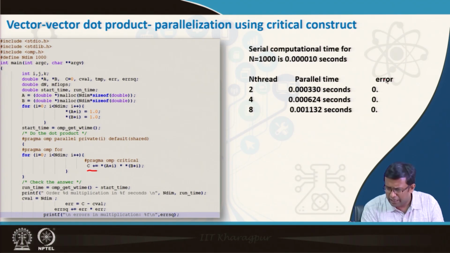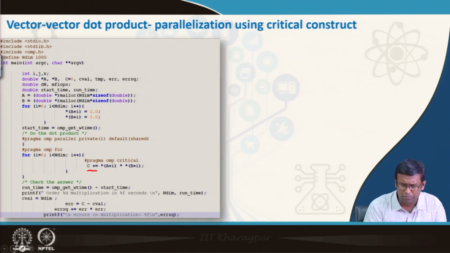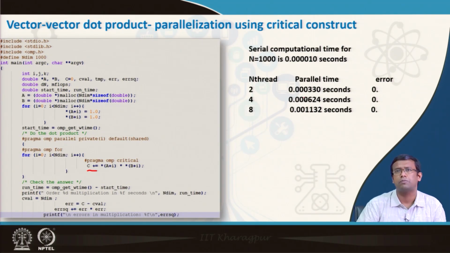What happens is the error reduces to 0, but the parallel time, which earlier was 10 to the power minus 4, is now 3 into 10 to the power minus 4 for 2 threads. The computing time increased, and as we increase the number of threads, the computing time keeps increasing. And why is it so?